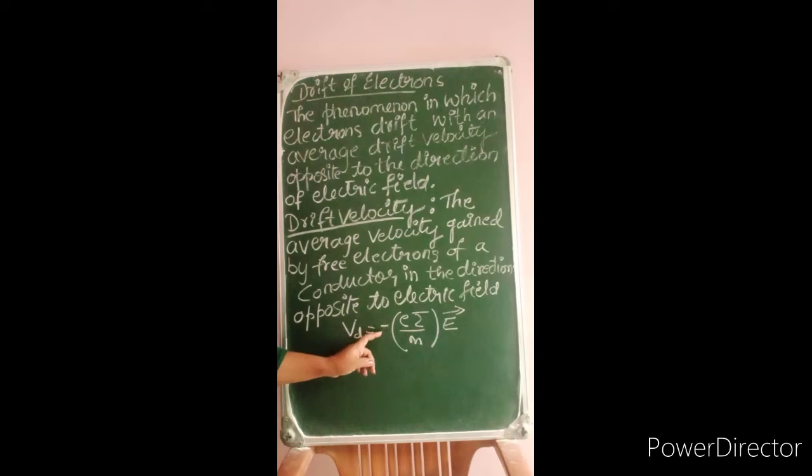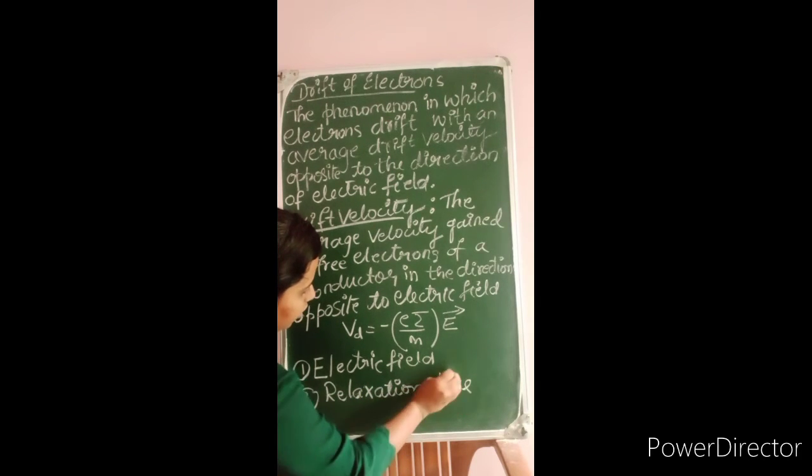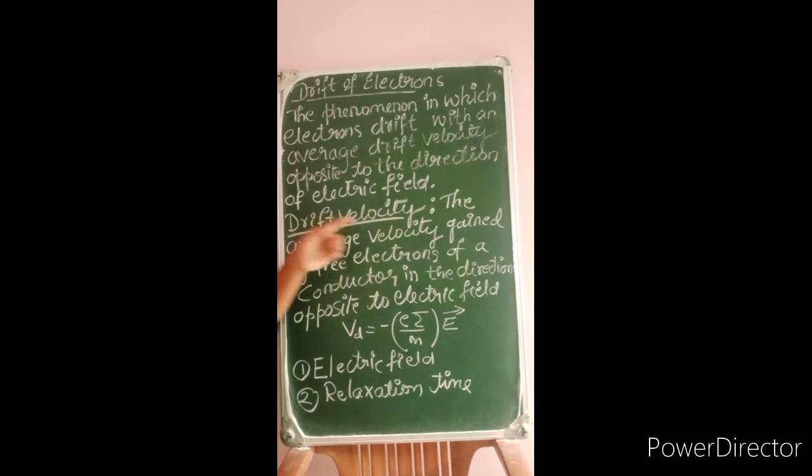This drift velocity depends on two factors: first the electric field, and second the relaxation time.